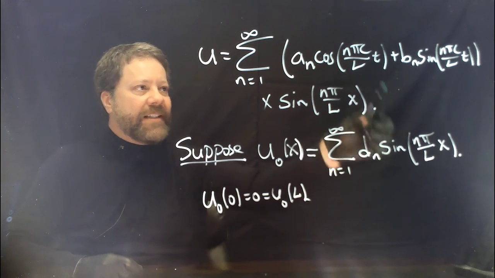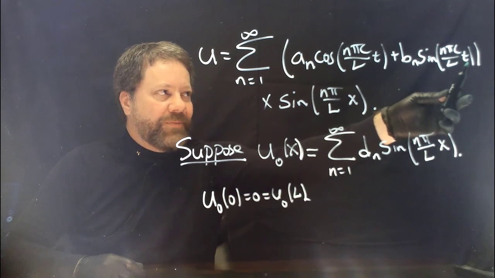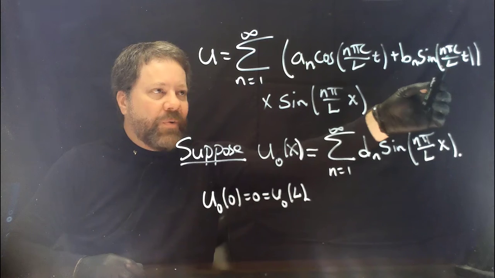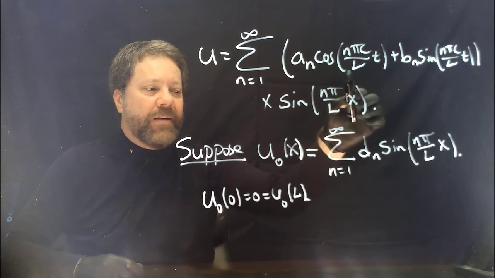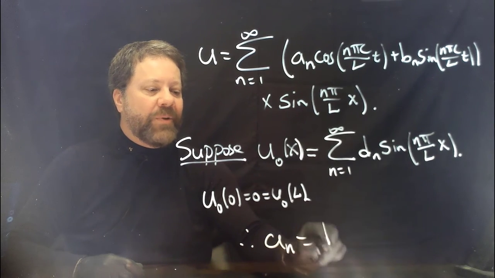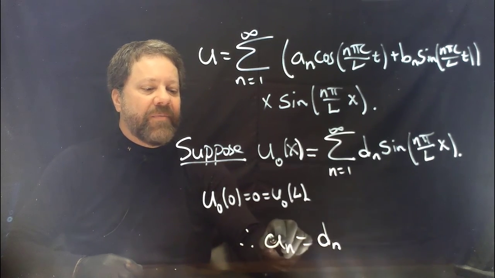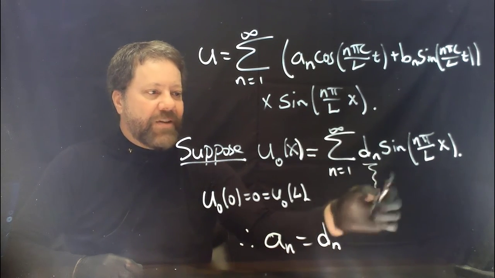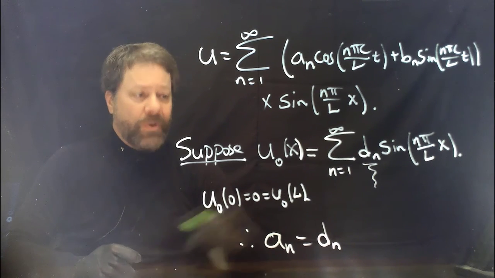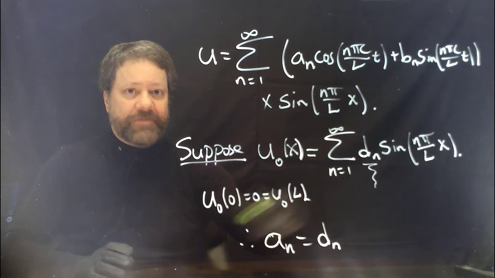We deduce then at time t equals 0, all of these terms go away. These will all be 1. The an's must equal the dn's, where the dn's are the Fourier coefficients of the initial data. We can calculate these easily enough.